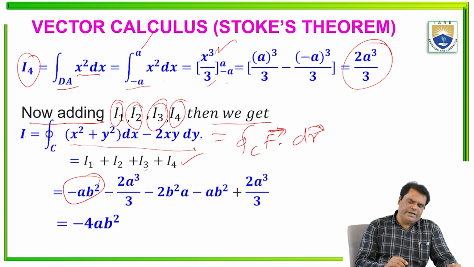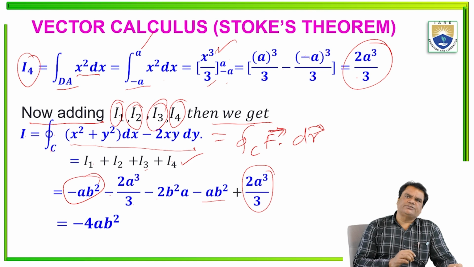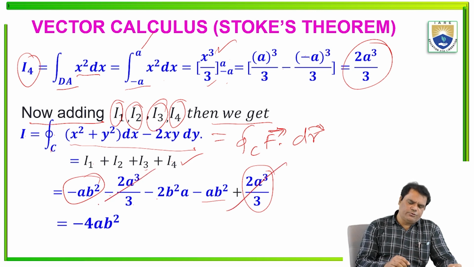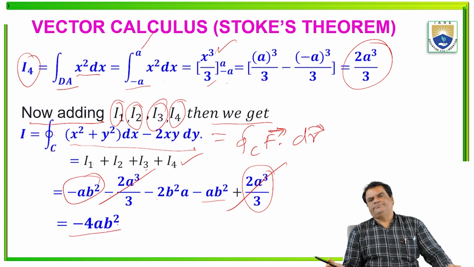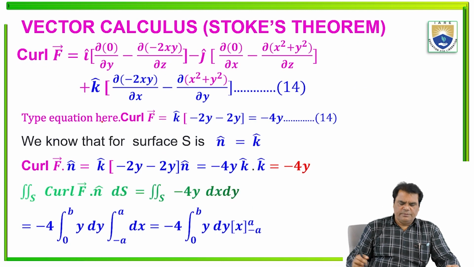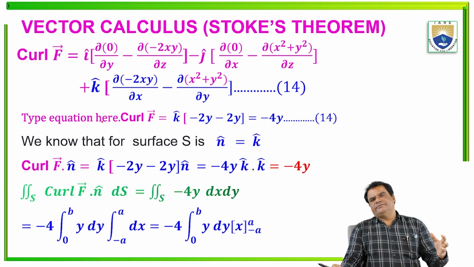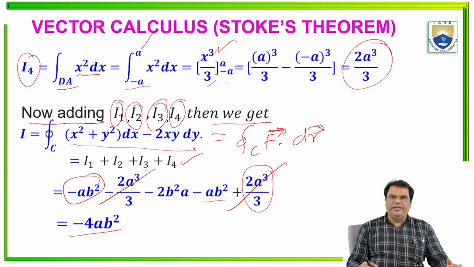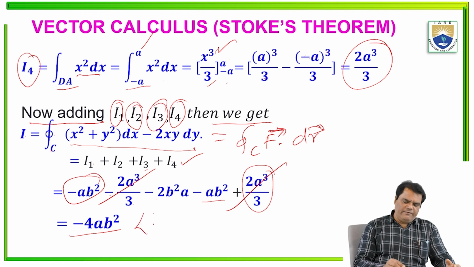The value of I2 is minus 2a cube by 3 minus 2b square a. The value of I3 is minus ab square, and the value of I4 is 2a cube by 3. After adding, the a cube terms cancel, and we get minus 4ab square. This is the value of the LHS.